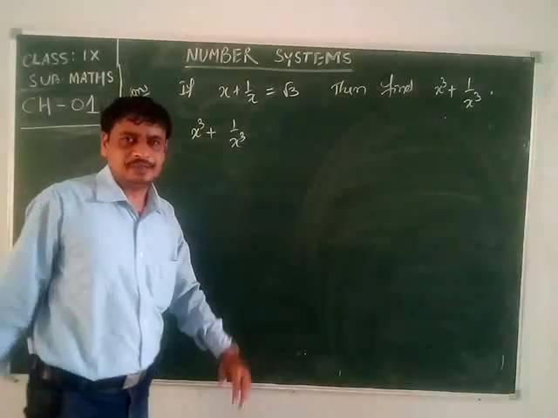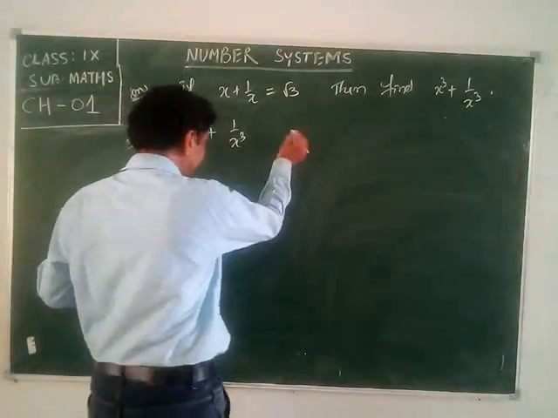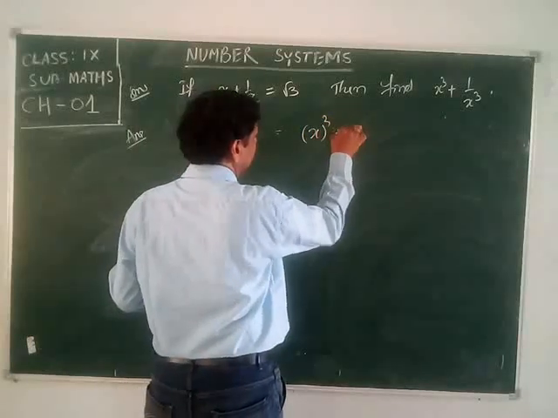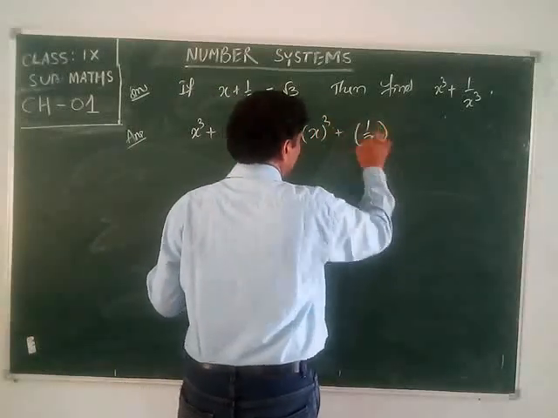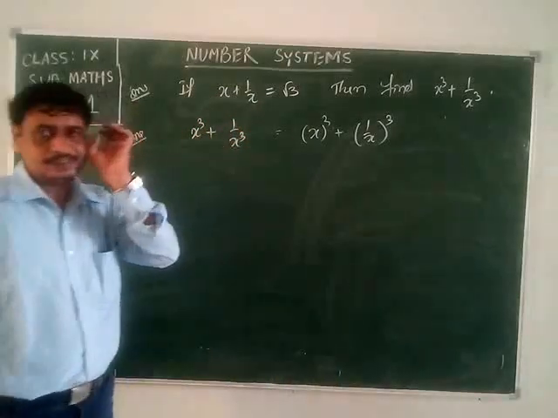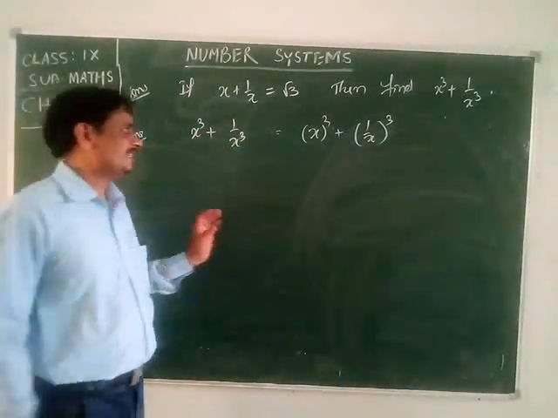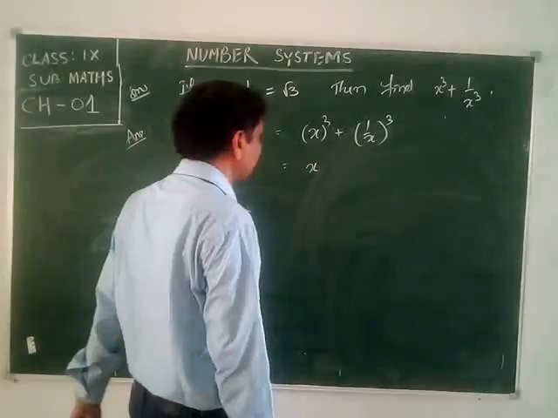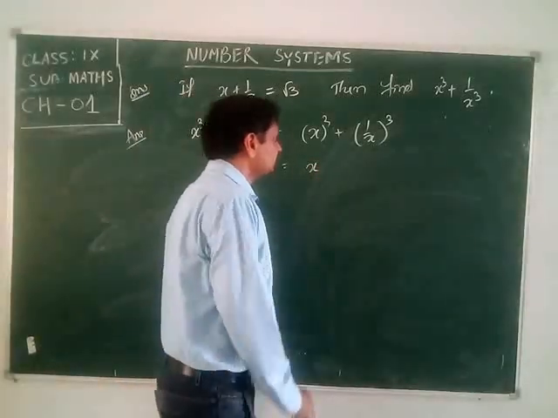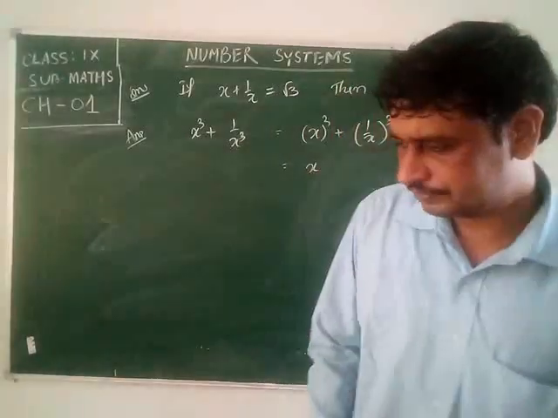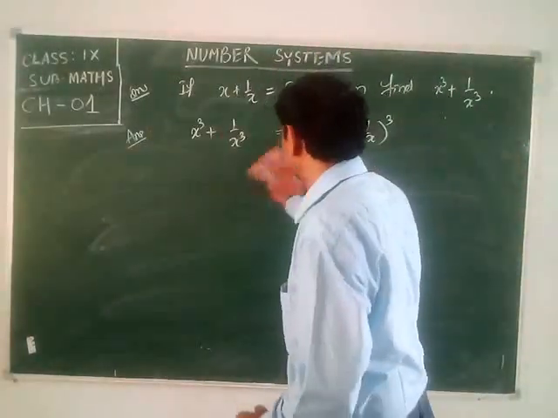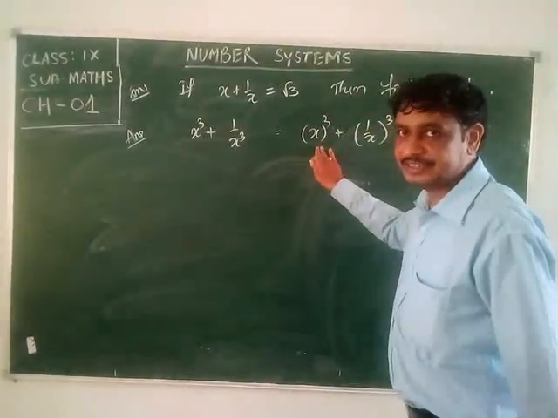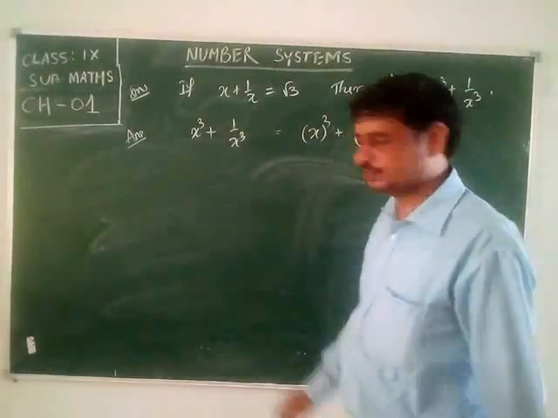a cube plus b cube, this can be written as x cube plus 1 by x whole cube. So it is represented as x cube plus 1 by x whole cube.